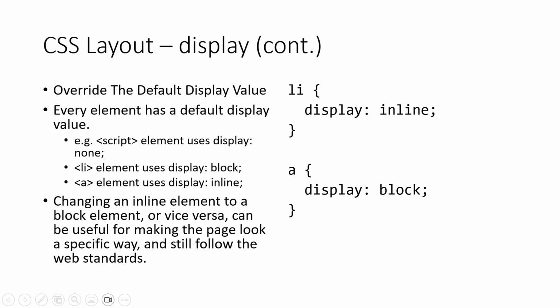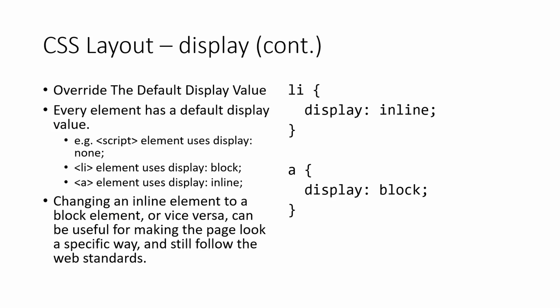The next thing that I want to discuss is the layout, right? So for example, in this particular case, we want to use them as inline. So what happens when you say inline?